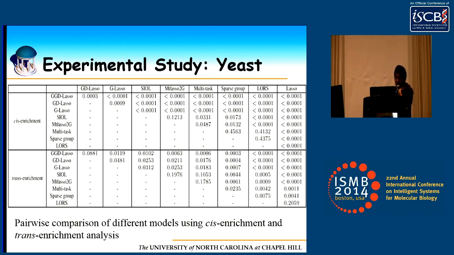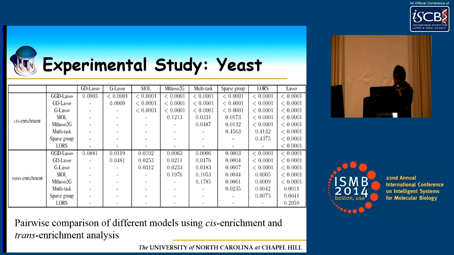Here, we will see that GGD-Lasso outperforms GD-Lasso because GGD-Lasso further uses prior knowledge about location information and pathway information. And GD-Lasso outperforms G-Lasso because the dual refinement makes the algorithm more robust to noise.